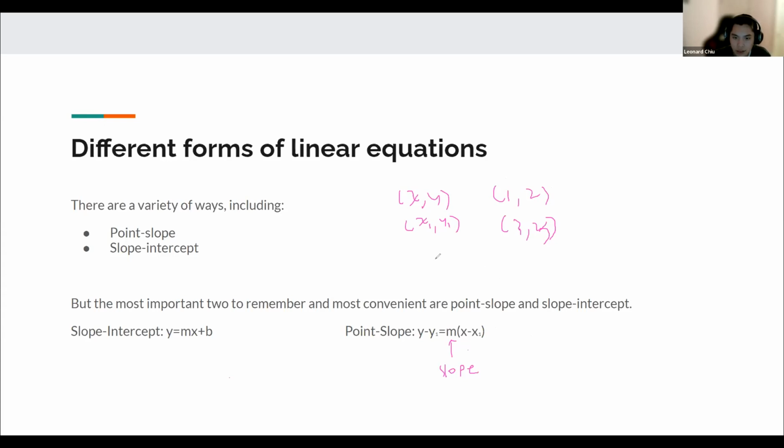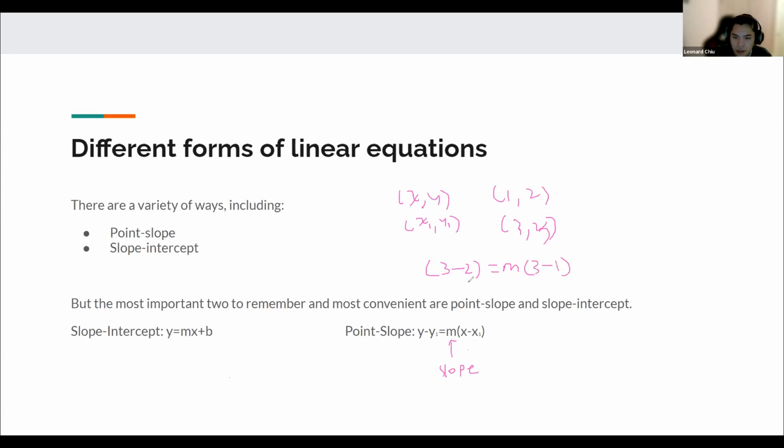So what you can do is 3 minus 2 equals... since we're subtracting this and that, we have to subtract that and that too. It doesn't really matter what order you subtract in, but remember to subtract in the same order for both y and x.